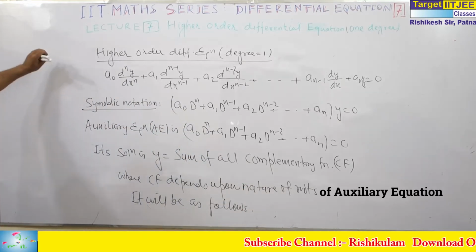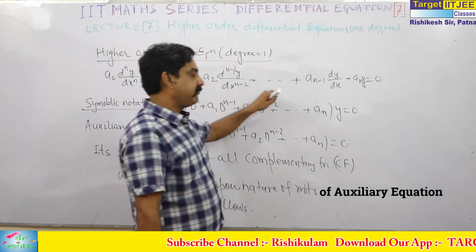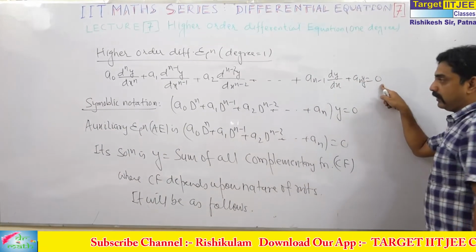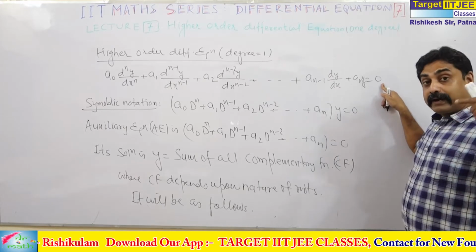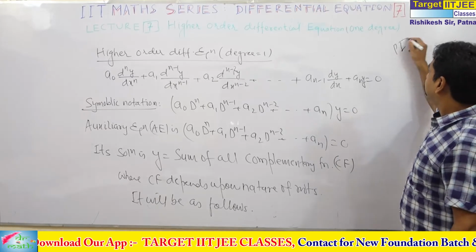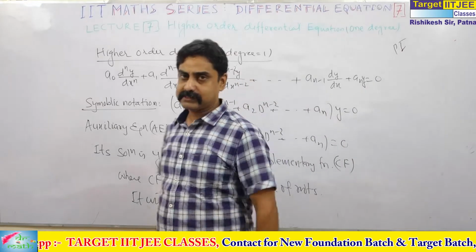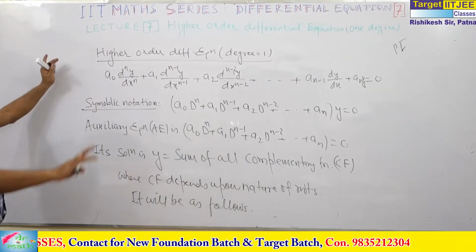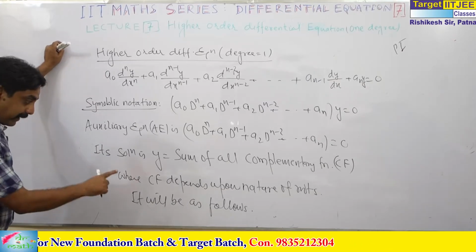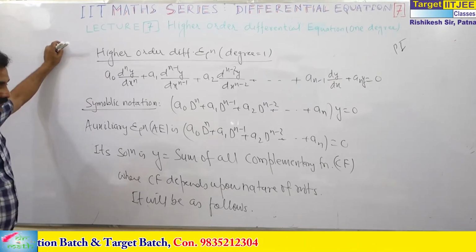Actually, when we solve this type of equation, if there is some function of x on the right side, you will get a new thing called PI, particular integral, but I am not going up to that. I just want to show how the solution of this equation depends upon the nature of roots.